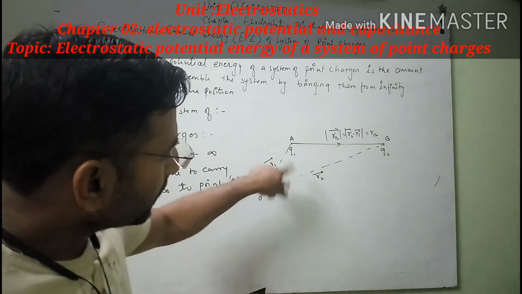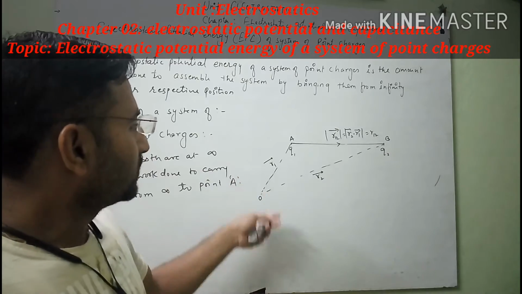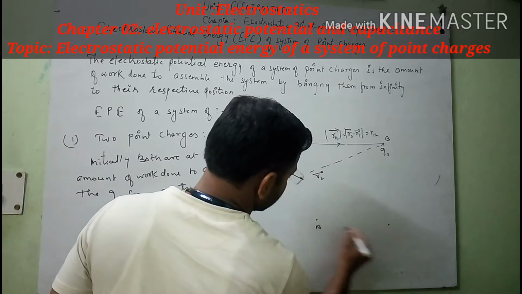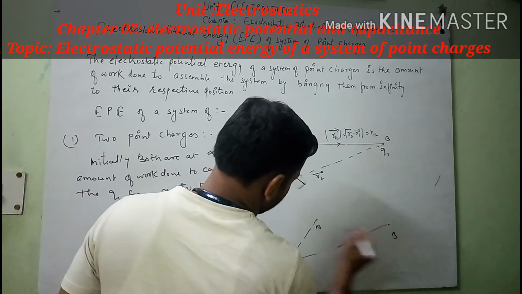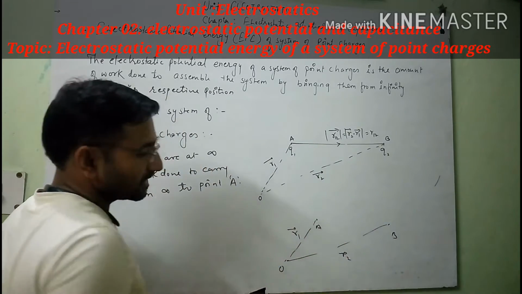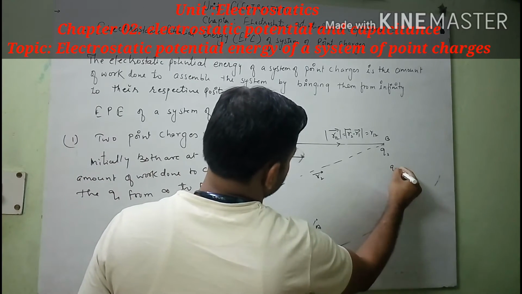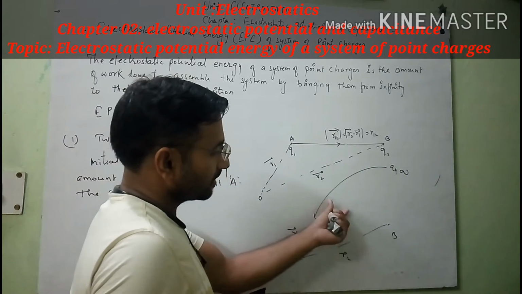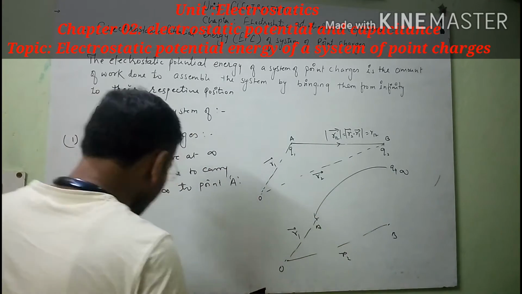According to my diagram, point A is the respective position of charge q1. These are the 2 points with respect to any point of reference, located at r1 and r2. Initially you carry the charge q1 from infinity to this point. The amount of work done to carry this charge from infinity to this point is 0. Why?